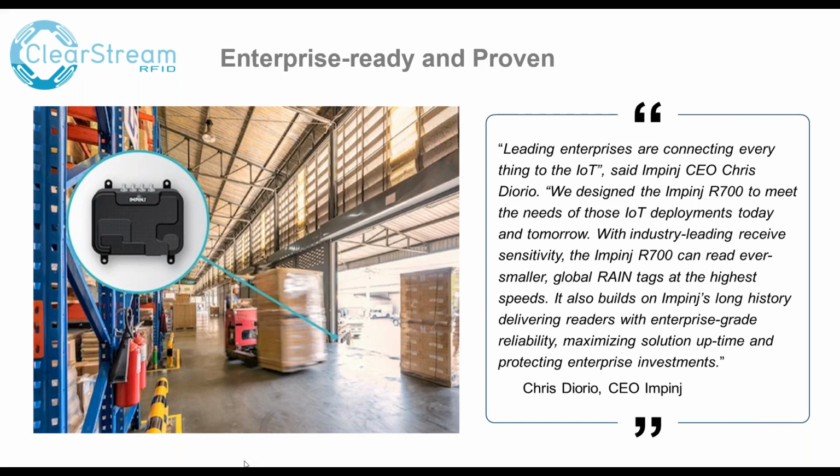Ever smaller tags is also important because that's the other end of the spectrum, what we call the platform, in terms of those tag chip ICs. Following Moore's law, chips are getting smaller and smaller. The latest offering from Impinj is the most sensitive chips in the market, namely the M700 tag chip families.